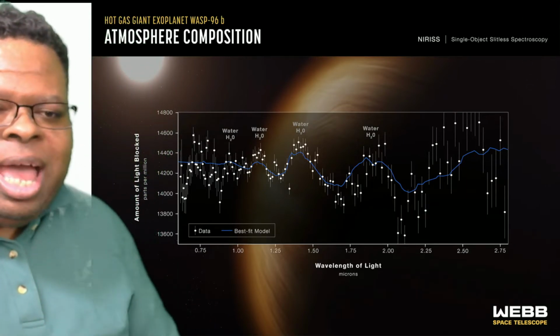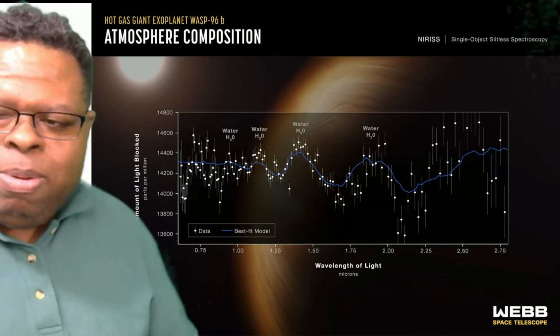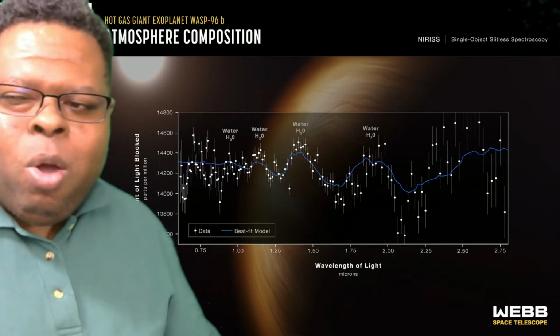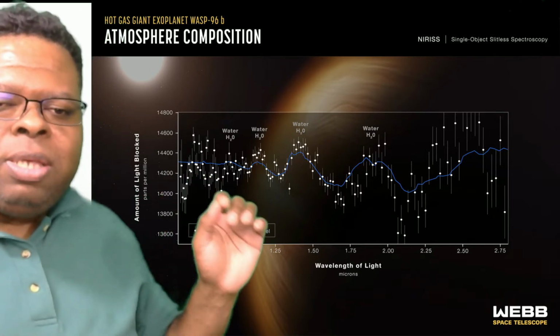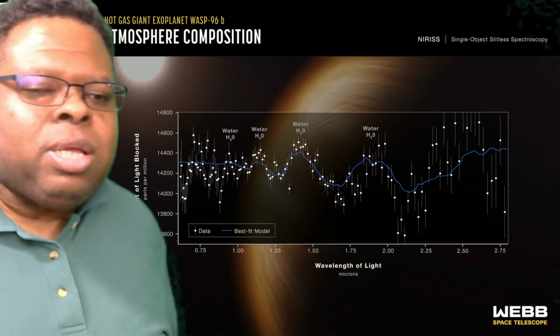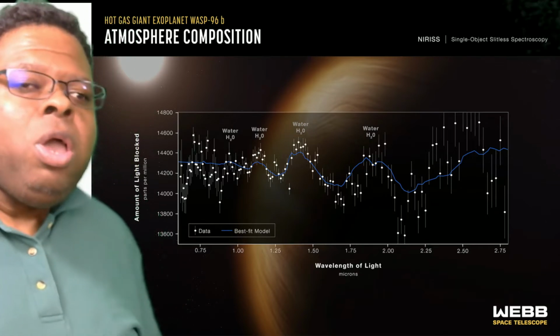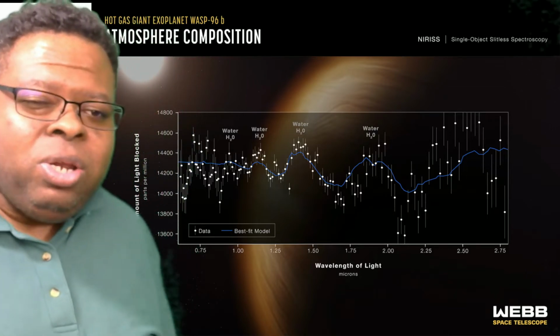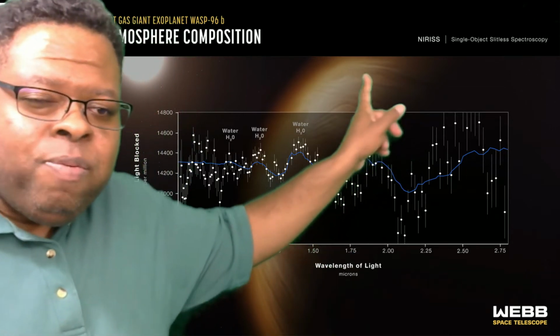Now, we are looking at an image of WASP-96b, which is a gas giant around WASP-96, which is about 1,500 light years away from us in a completely different solar system. You are looking at a planet from another solar system. Look at that beautiful gas giant.